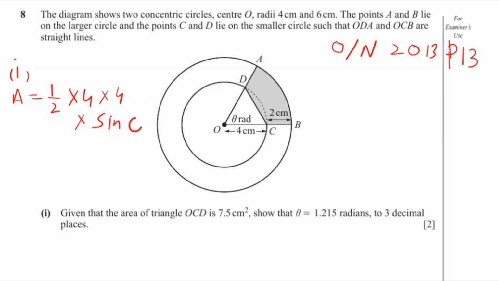Here the angle is unknown, so in the question the angle name is given as theta. Here area is given, which is 7.5.